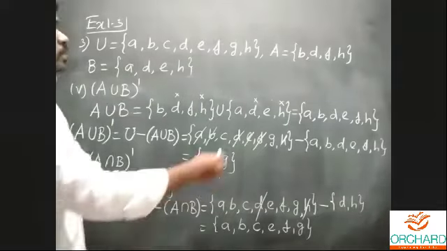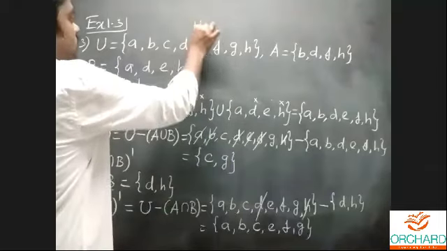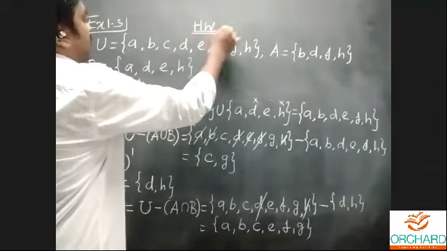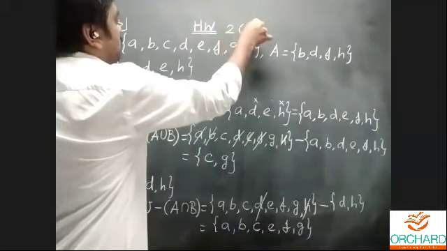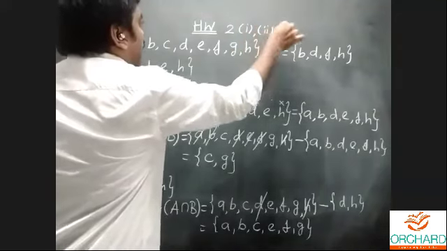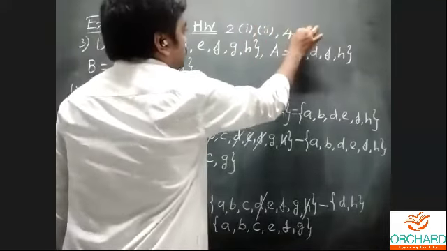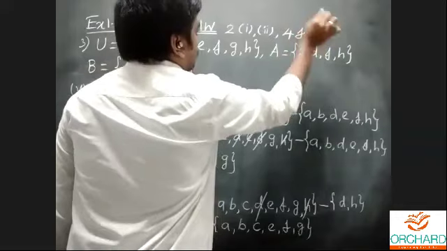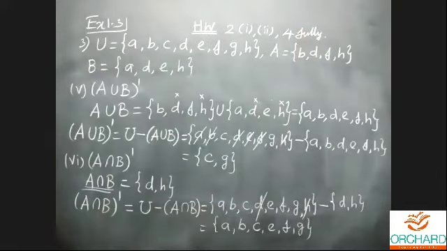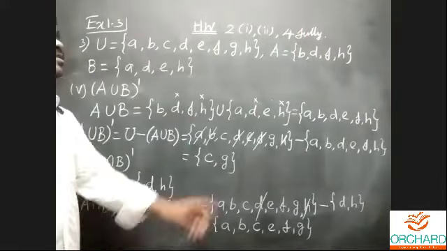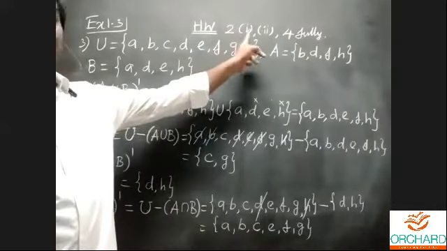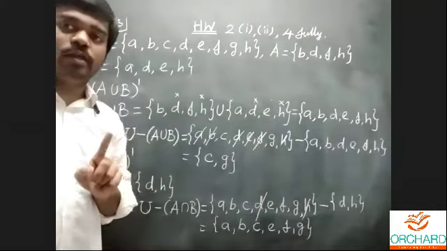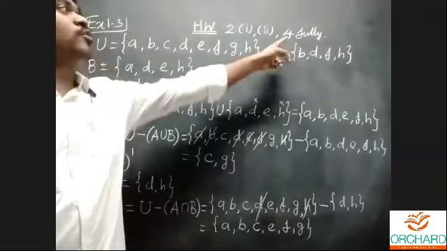Okay, this is your homework. I'll write the homework here. In this exercise, second one, first two subdivisions, and fourth problem fully. I didn't complete the second problem, so first two subdivisions, and the fourth problem fully.